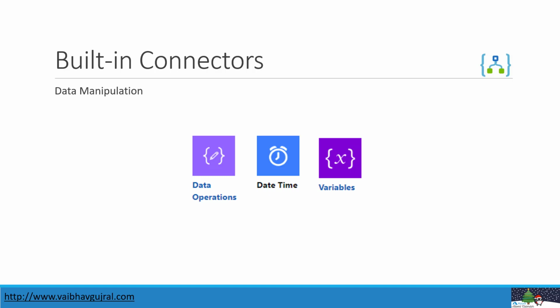Datetime to perform operations with timestamps, like converting time zone, getting current time, getting past time, getting future time, and so on. Variables, where you can perform operations like appending to array variable, appending to string variable, incrementing or decrementing variables, initializing variables, or setting a value for a variable.